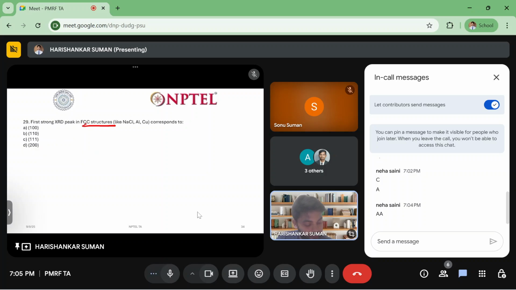Now you can think about that. So h square k square l square is proportional to 3. Then we can think about it. Okay, so C will be the answer.